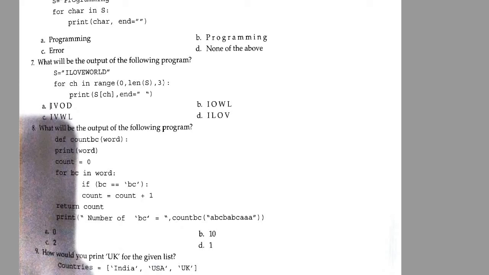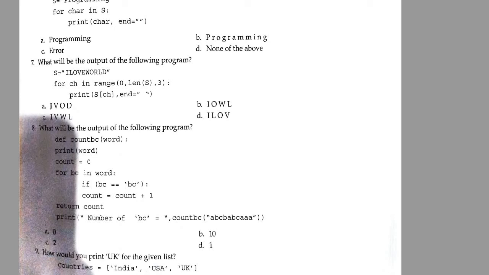There is one function whose name is count_BC. Fine, count_BC is just a name of that function, and it has a parameter word. It's just passing an argument word. Print word. Fine, it will print the argument word; the argument word stores a value, and it will print that value.